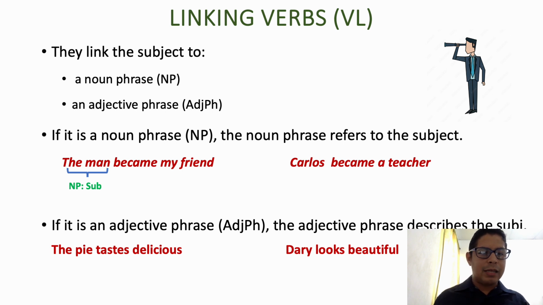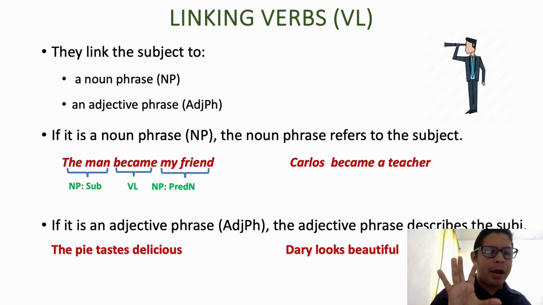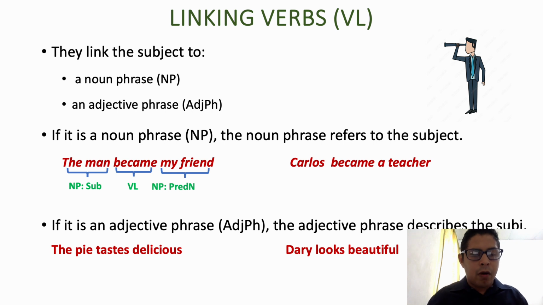In here we can see the noun phrase is the subject. Here we have the linking verb and also another noun phrase, but it's basically the predicate noun. Why? Because in the man became my friend, that friend, my friend, is referring to the man.